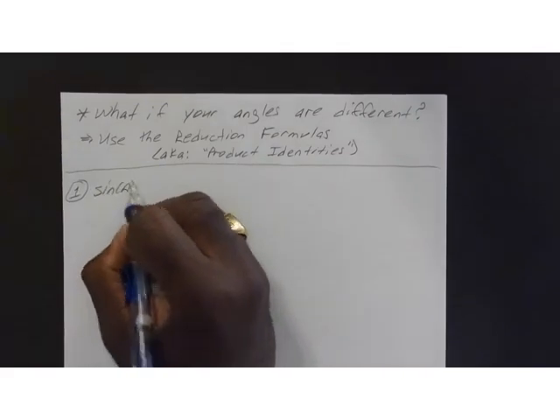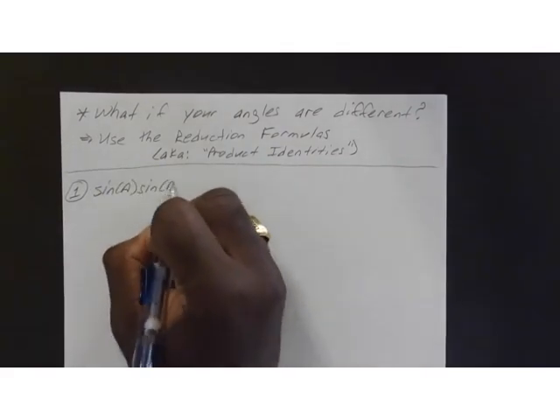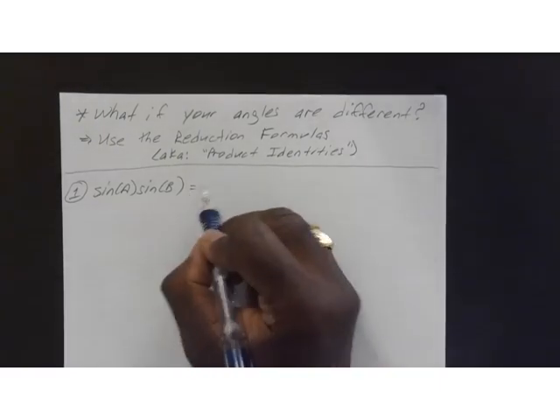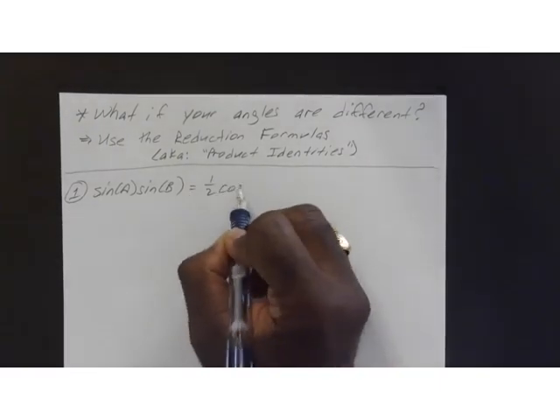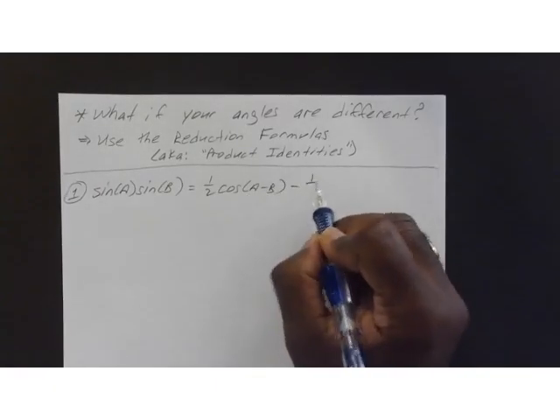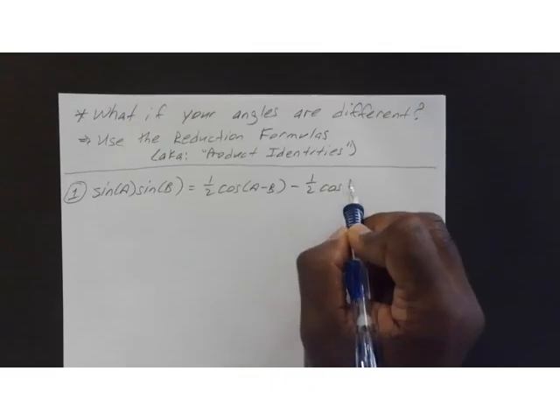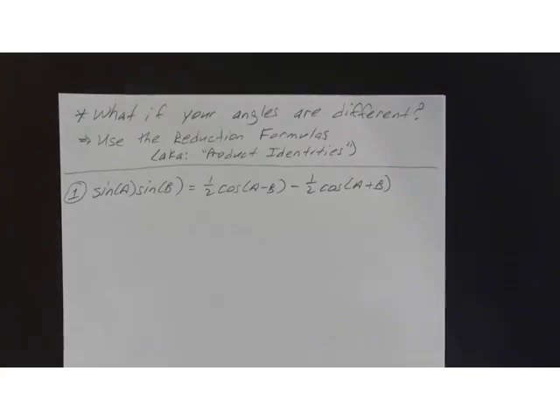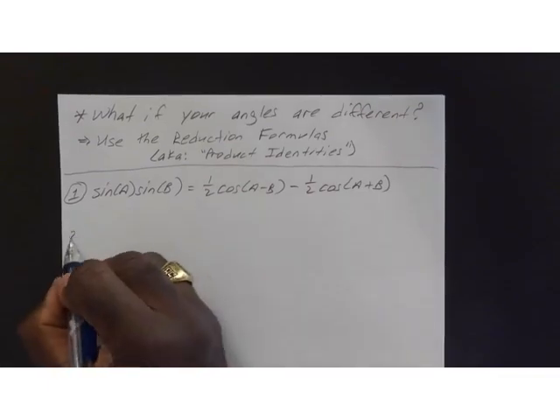So what if we have sine of A times sine of B? That's equal to 1/2 times cosine of A minus B, minus 1/2 times cosine of A plus B. But what if you have a sine cosine with different angles?